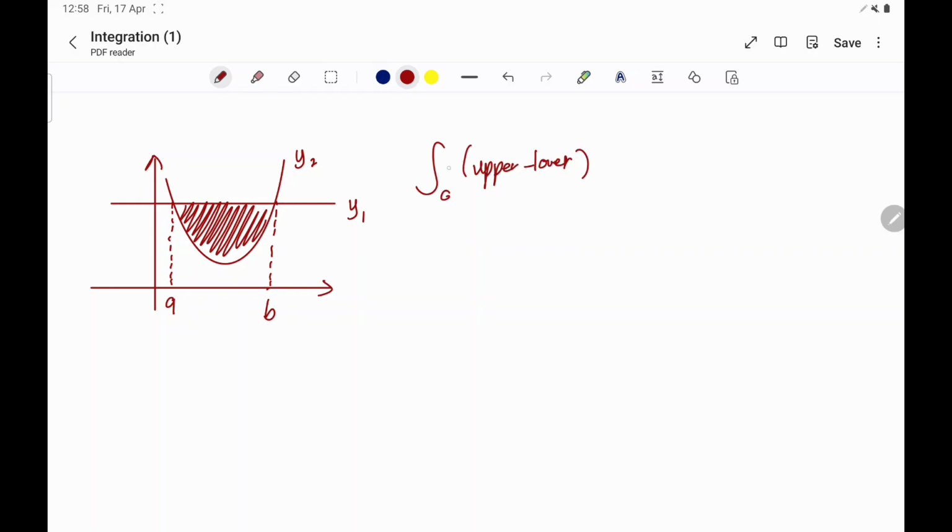We integrate from A to B with respect to x. Where is the upper? Check from the shaded part. The upper is this one, which is y1, minus y2, which is the quadratic here. So we integrate from A to B, the intersection points.